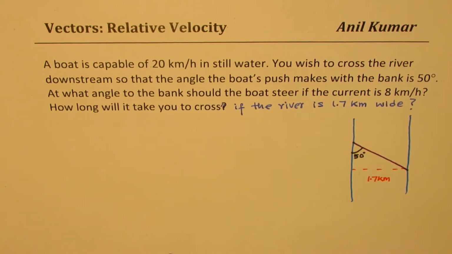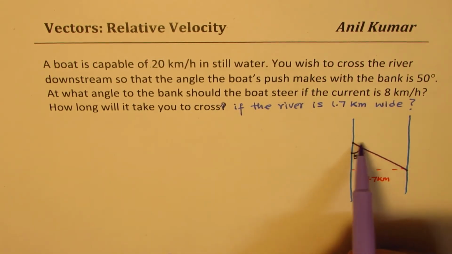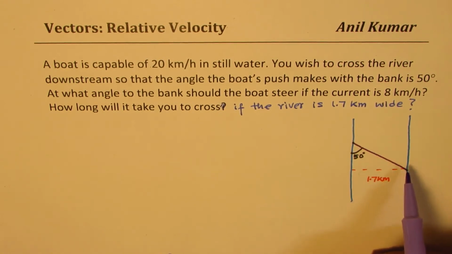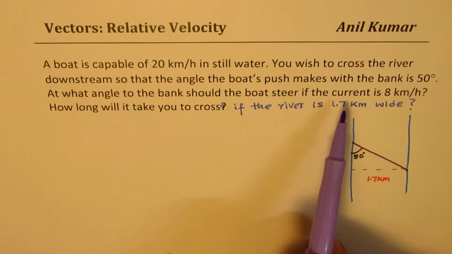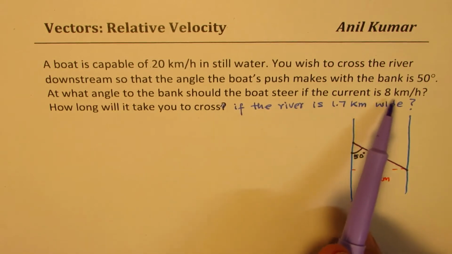Now to reach this place, the boat has to steer somewhere in this direction, and then the water is going to push it down. The speed of the boat is 20 kilometers per hour, and that of the river is 8 kilometers per hour.